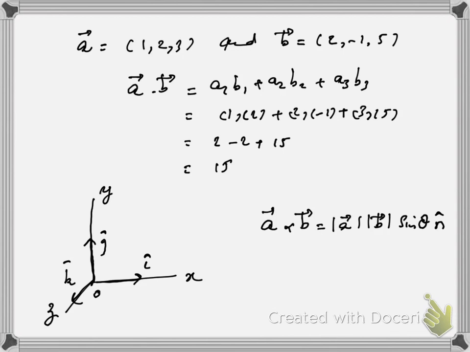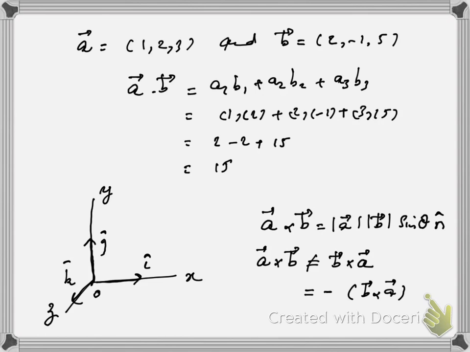And you also know that A cross B is not equal to B cross A. Cross product is not commutative, but A cross B is equal to B cross A in opposite direction, means it is equal to minus B cross A.